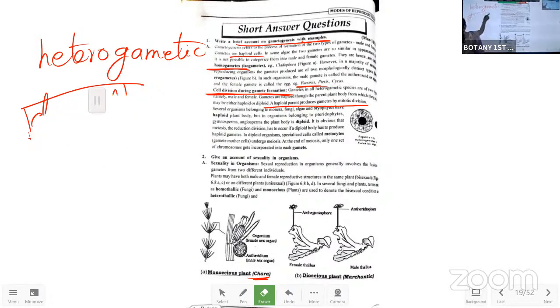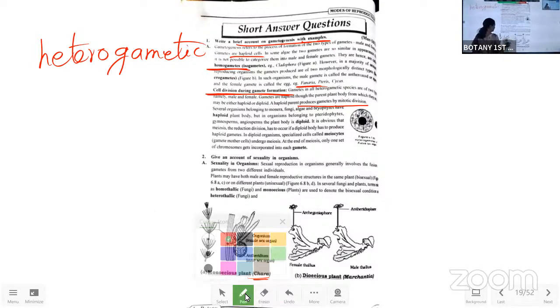Okay. And this type of haploid body will be present in which type of organisms? In the Monera, fungi, algae, and bryophytes.